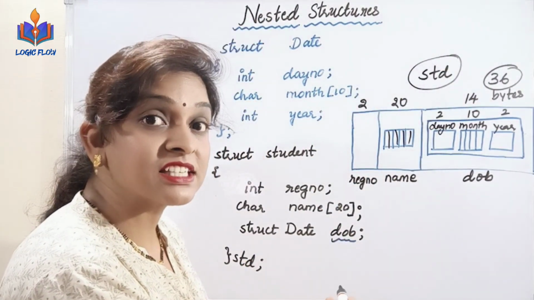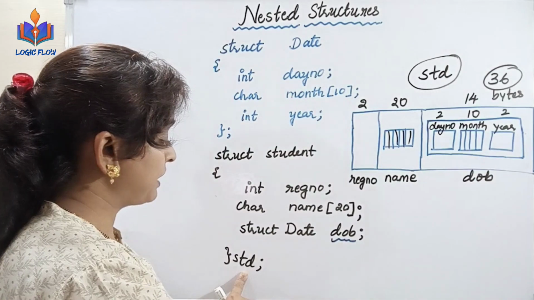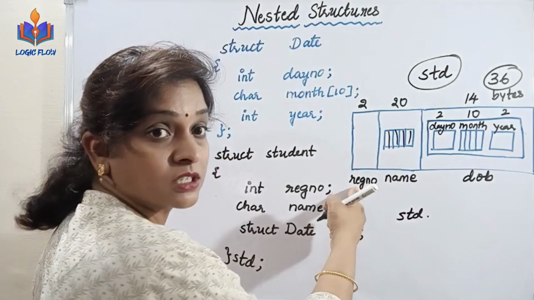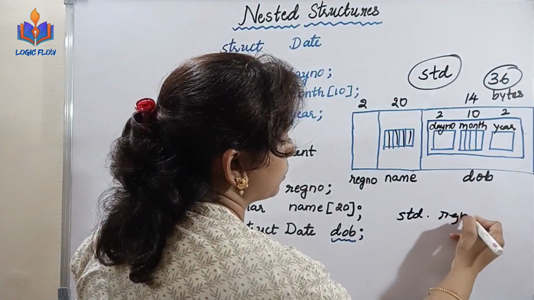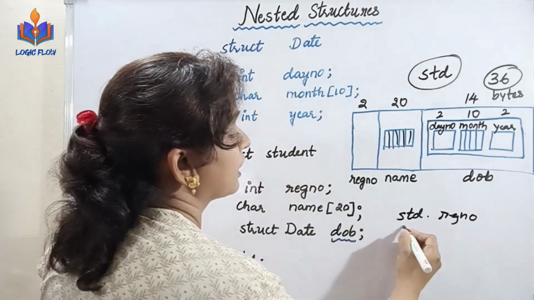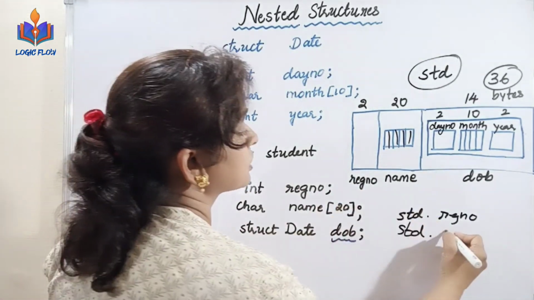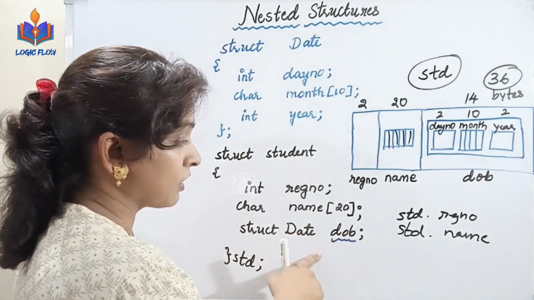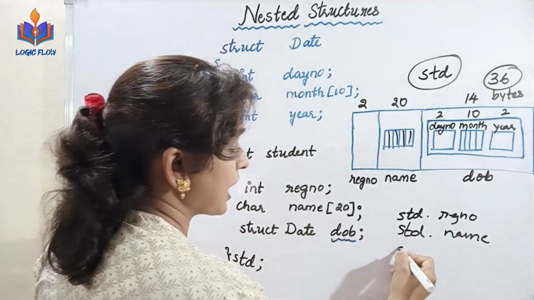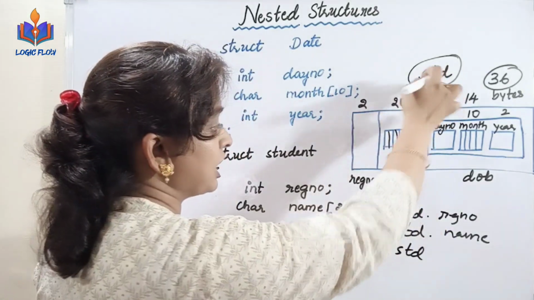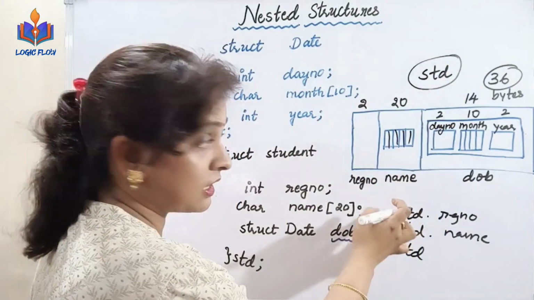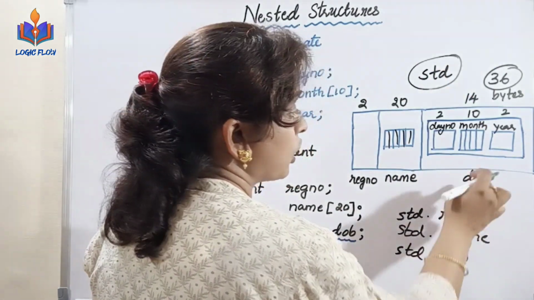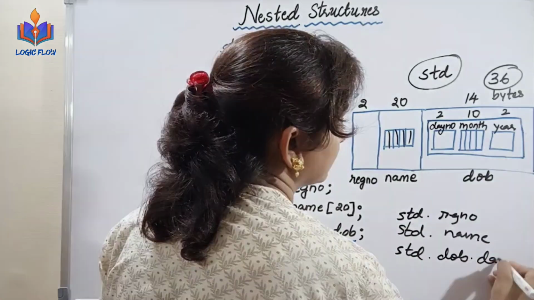Now how do we access this? Very simple. It is variable name dot member name. So it is std dot register number to access this first member, std dot name, second member. Here, look at here. It is std dot register number, std dot name, std dot date of birth, dot day number.